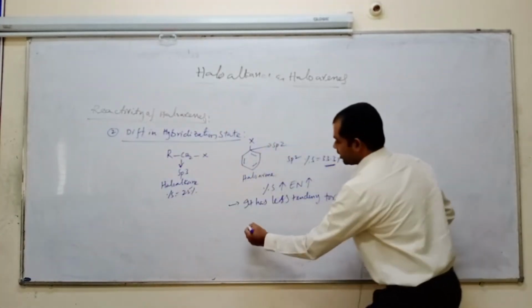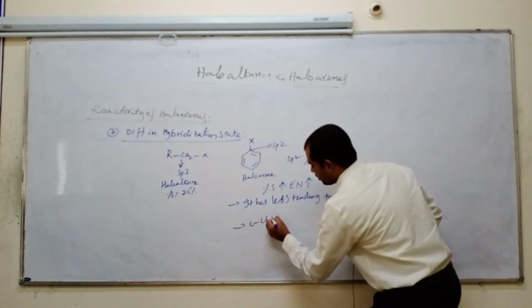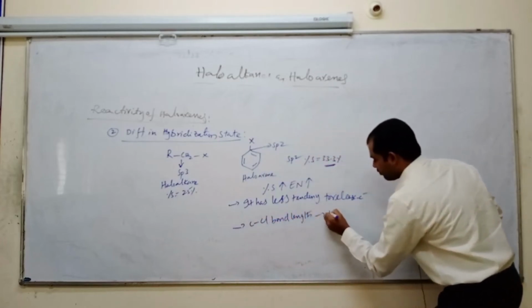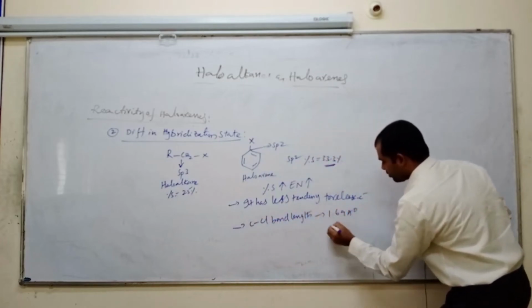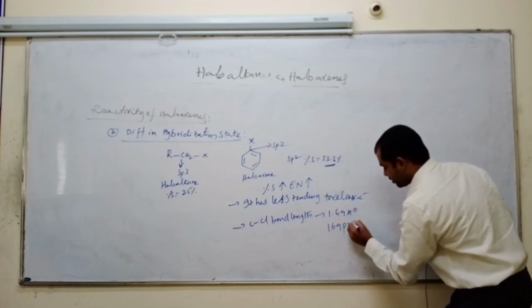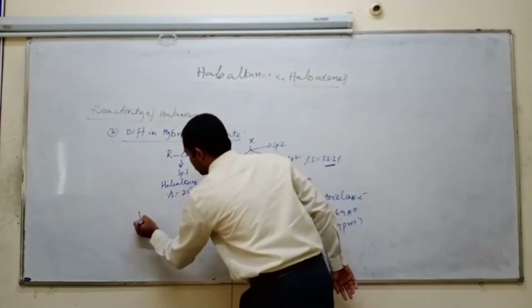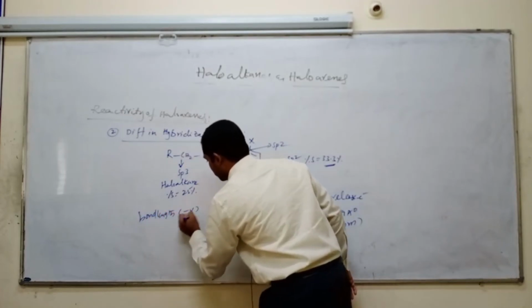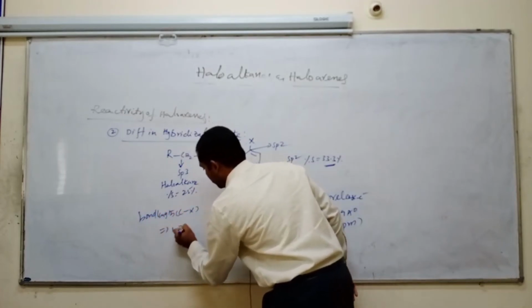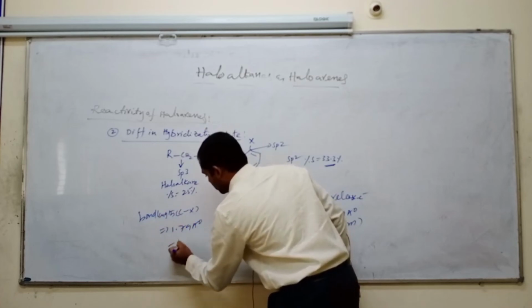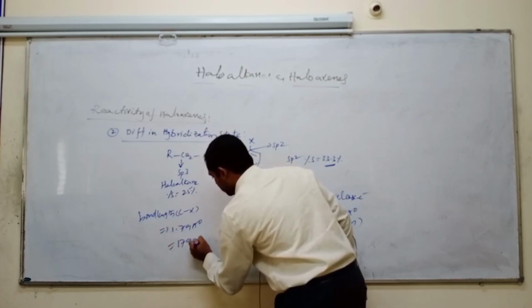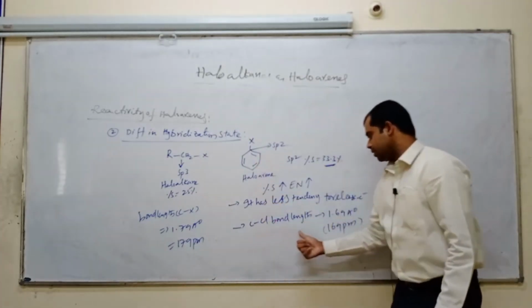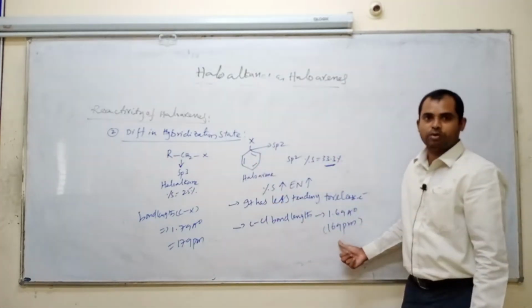One more thing: the carbon-chlorine bond length in haloarenes is very short, 1.69 angstroms, that is 169 picometers.